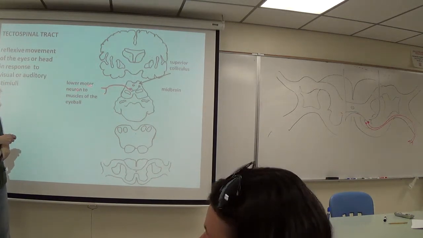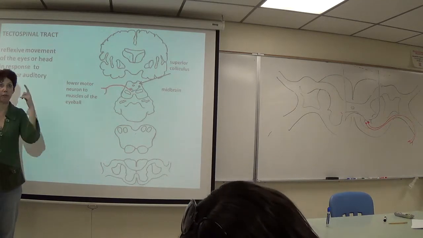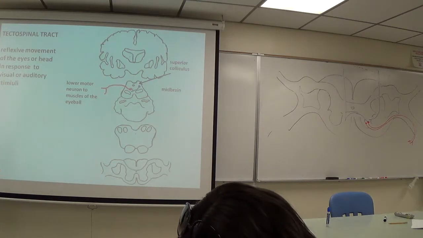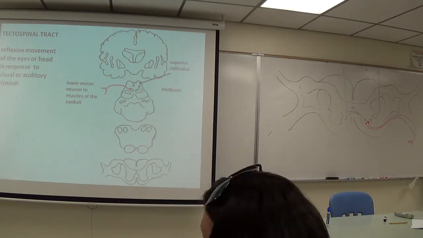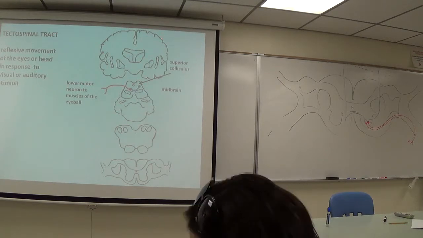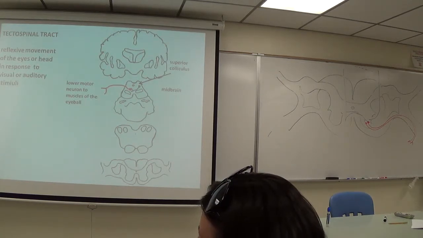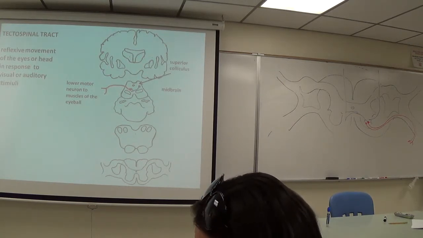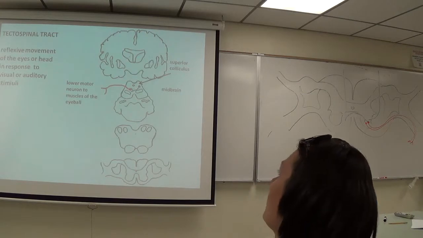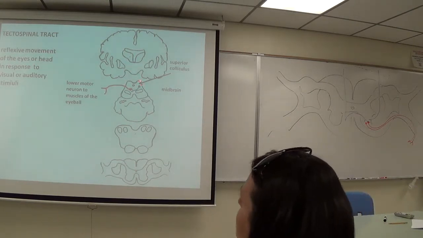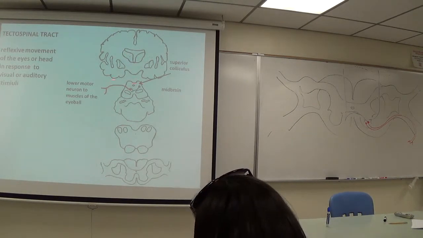And that would cause my eyeball muscles to move without conscious decision to do so. So this is a skeletal muscle reflex. So the upper motor neuron is not in my cerebral cortex. Now, unless I told you that was superior colliculus, you can't tell from the picture whether it's superior or inferior.